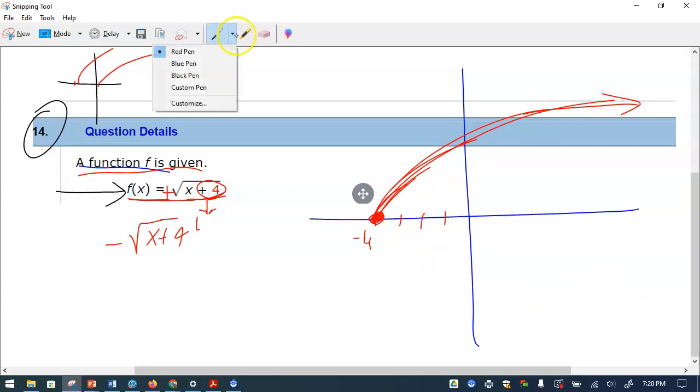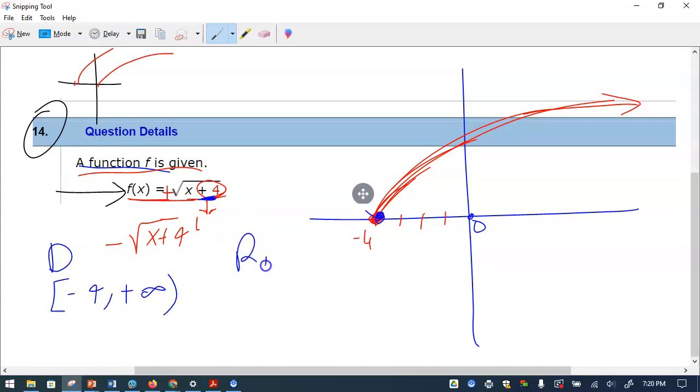Now the domain. The domain of this function is, and you can clearly see the lowest it goes is -4, sorry. The domain is -4 to plus infinity, and the range is the lowest it goes to here, 0. So this is the range.